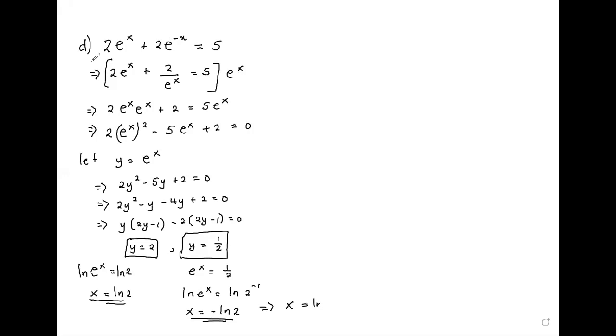But then it just looks nice, that's why I've written it as negative ln 2. But it's okay if you write it as ln 1/2. Very much okay.